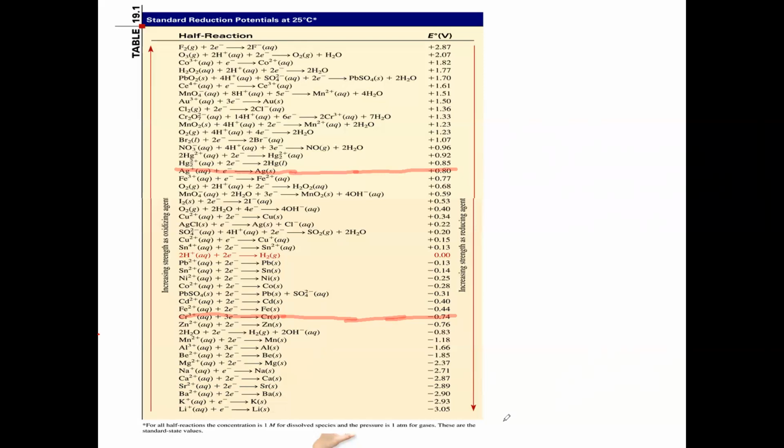Identify who is the anode and who is the cathode. Which one is anode? This is negative. This is positive. So which one is anode?